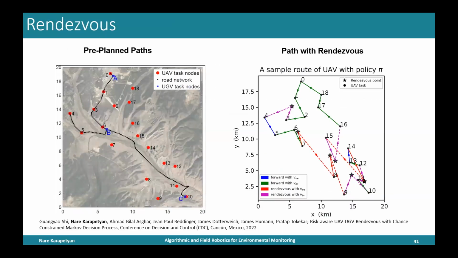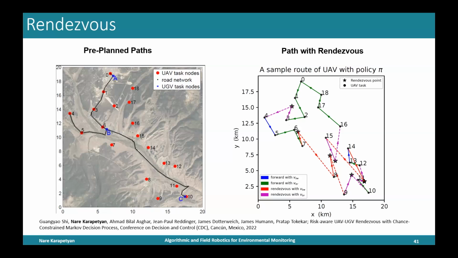Here are examples of how the rendezvous can affect the total coverage or exploration of the system. On the left side, we have the actual trajectories that the robots were supposed to visit, and we have the result of the rendezvous.